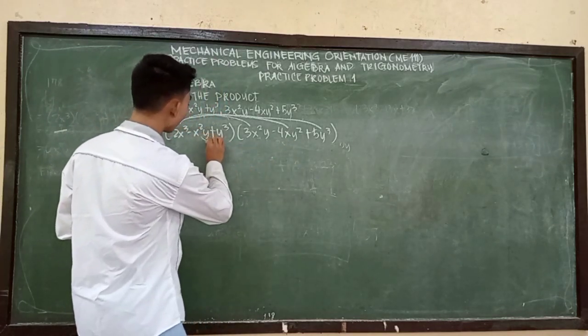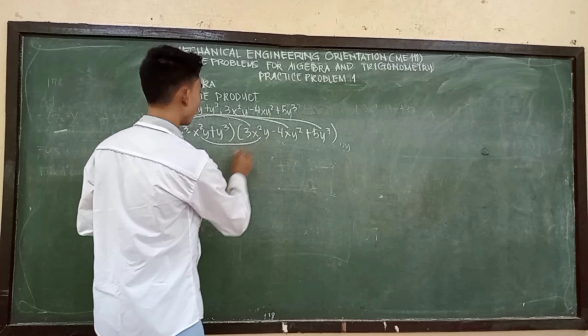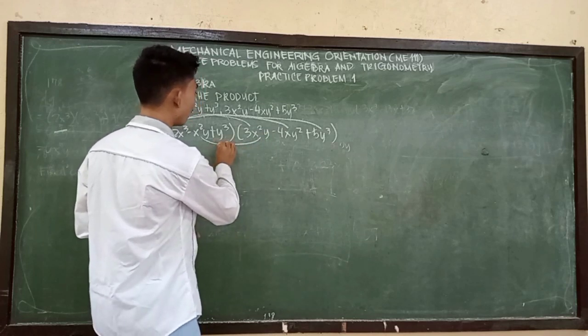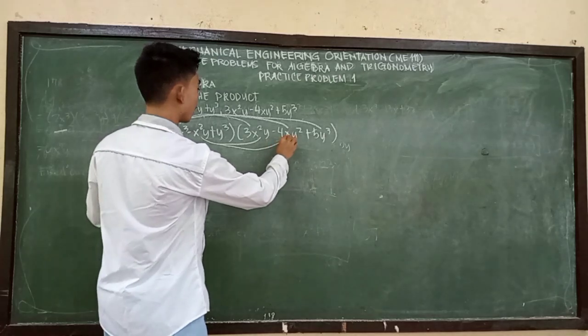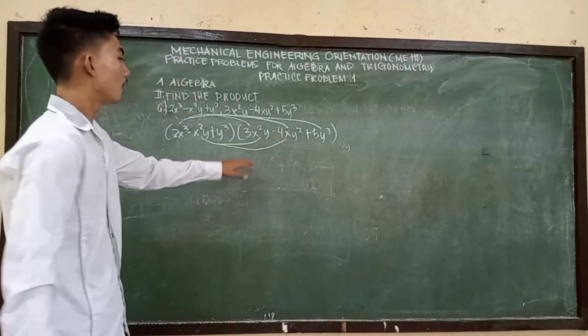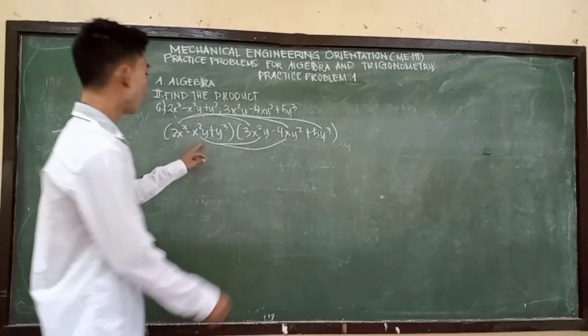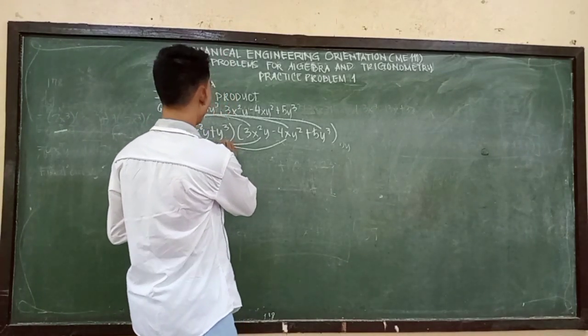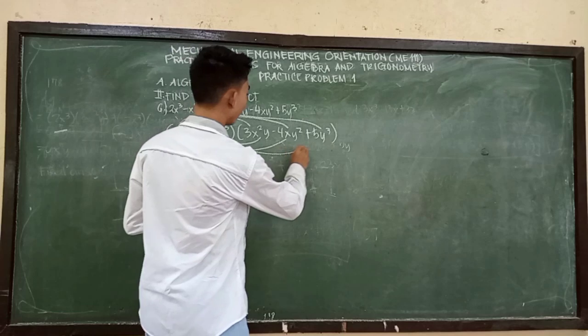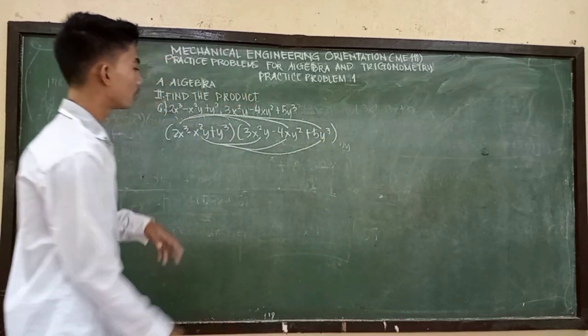And then next, we will also distribute this negative x squared y with each term in this equation. So negative x squared y times 3x squared y, and then negative x squared y times negative 4xy squared, and negative x squared y times 5y cubed.